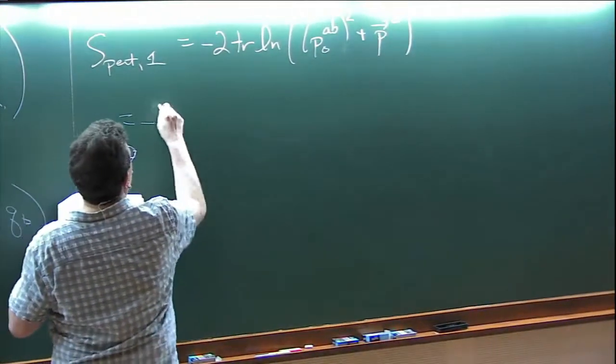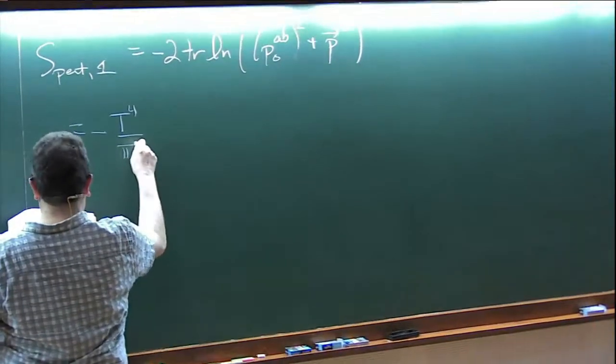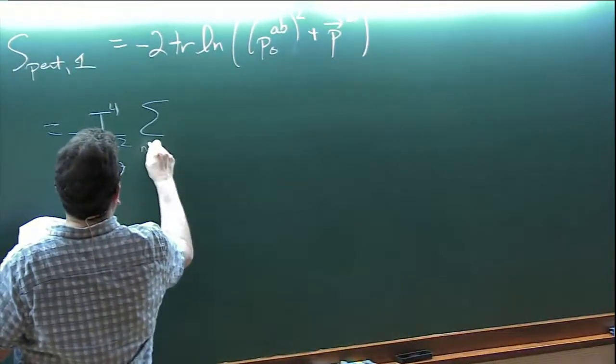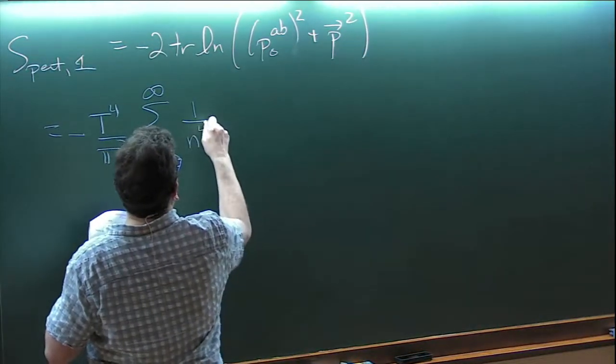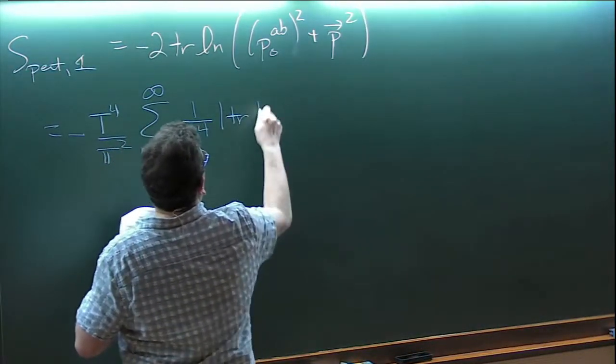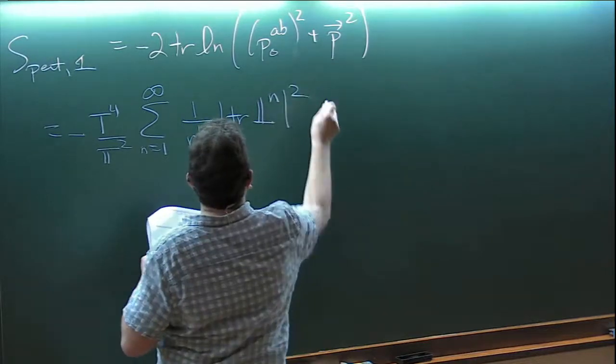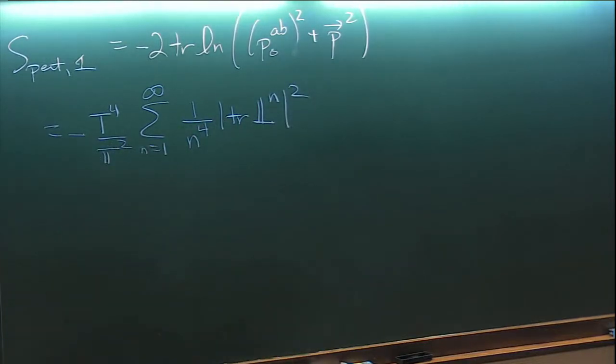This result itself, so here L is the Polyakov loop in the fundamental representation.